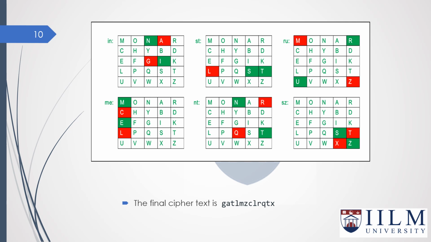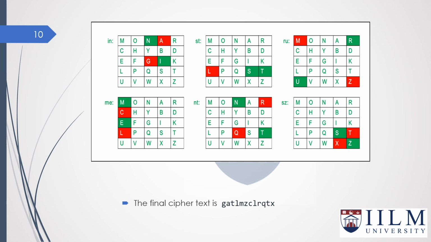Okay, so I request all the students to do this Playfair cipher by yourself, by getting the matrix, and do it by yourself so that you can understand very clearly. And try this example.